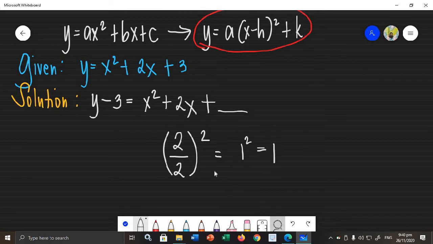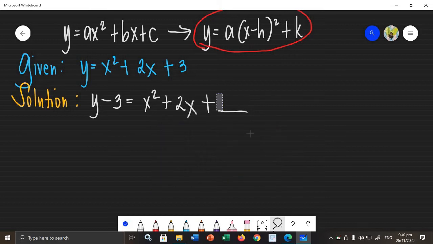Therefore, the term that we are looking for is 1. Now, we added 1 here on the right side of the equation. We also need to add 1 on the left side of the equation.